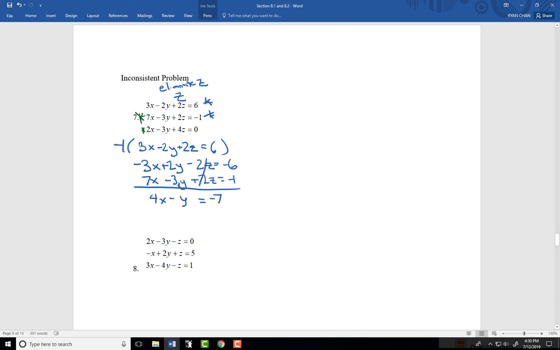So I have 7x minus 3y plus 2z is equal to -1, and I have 2x minus 3y plus 4z is equal to 0. We'll multiply the top row by -2. So -14x plus 6y minus 4z is equal to 2.